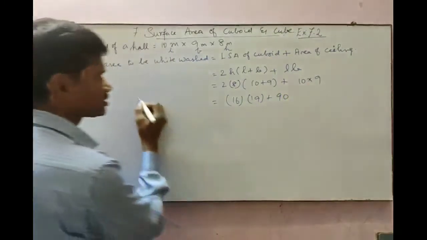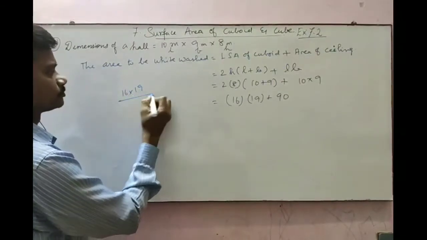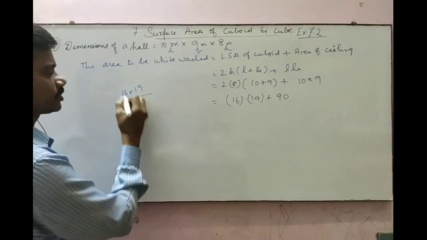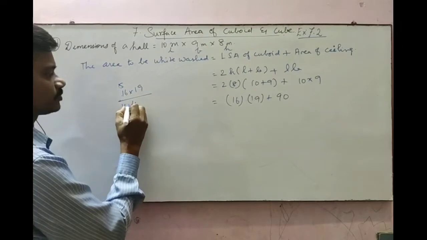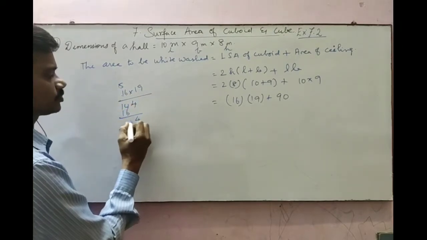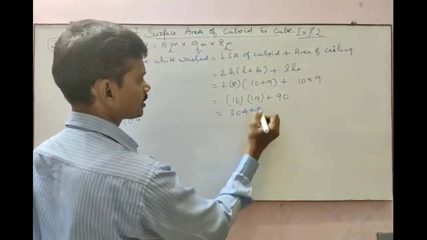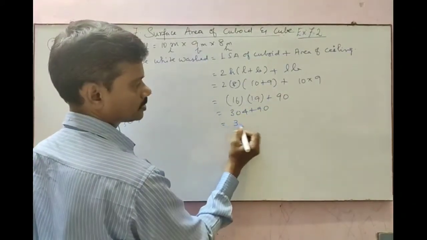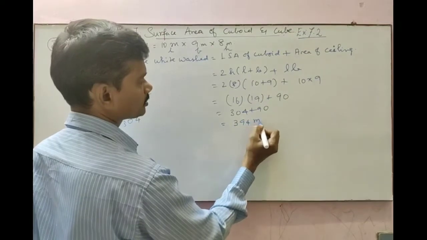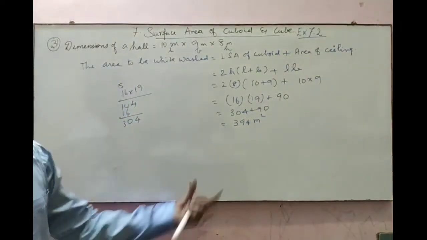If you multiply 16 with 19, you will get 304. So 304 plus 90 gives 394 meter square. So this is the area to be whitewashed.